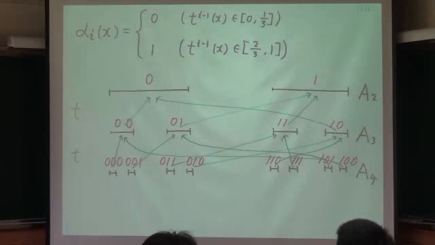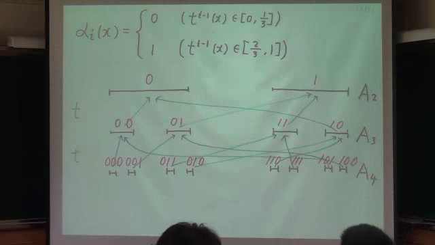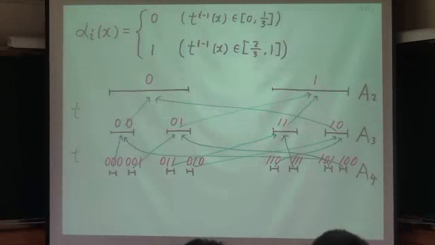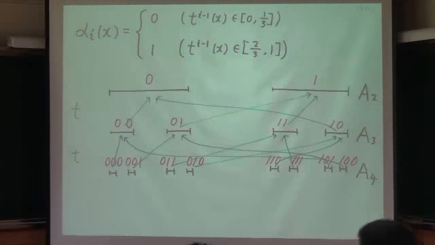In such a way, by repeatedly applying this process, for each element x in the Cantor middle third set, it belongs to some closed interval at any step.